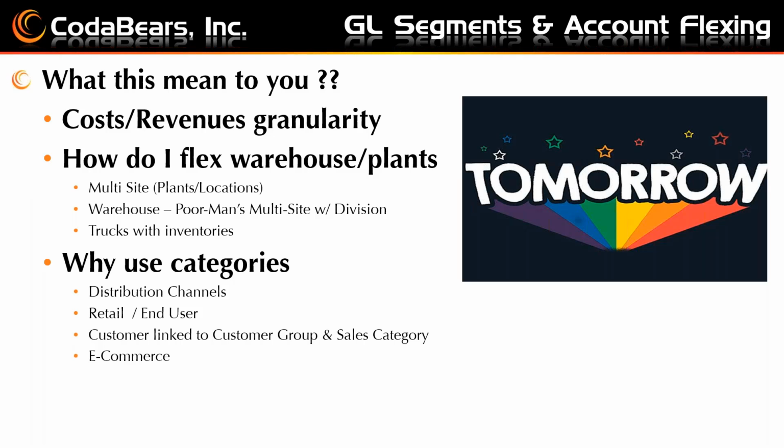The upside, it starts to populate data in the table so that we can grab that information into a financial report. So your costs, your revenues, you're going to have more granularity in the system. You are going to have more accounts, but there is no downside to adding this.